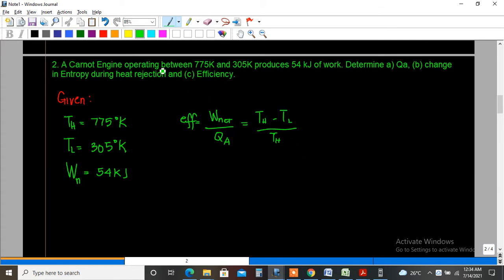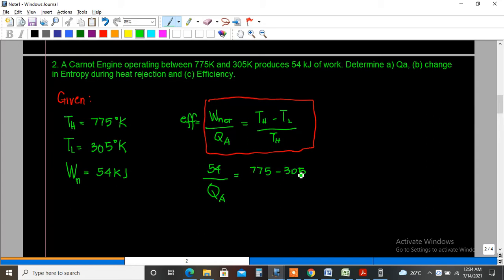So by using this relationship, we can get the QA. So work net, 54 kilojoules over QA, is equal to TH, 775 minus 305 over 775.